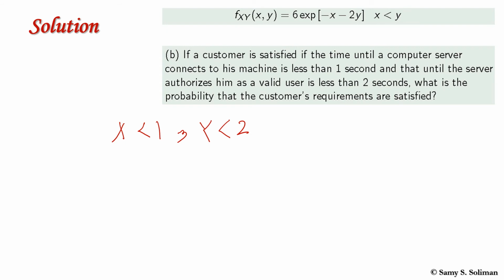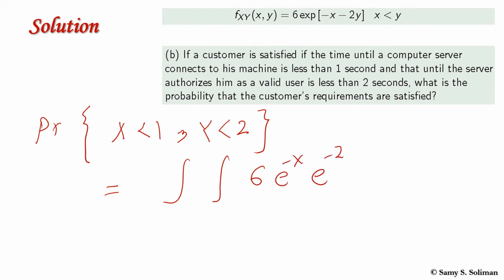So simply it is the probability that x is less than 1 and y is less than 2, and again this can be calculated as a double integral of the joint PDF, which is 6 e power negative x e power negative 2y.